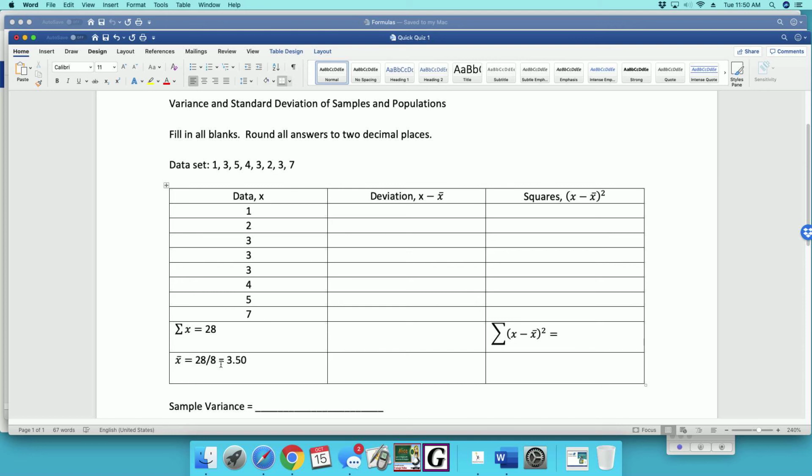All right, so now I have to figure out my deviations. So I'm going to do 1 minus my 3.50, which is negative 2.5. And this is 2 minus 3.5, which equals negative 1.5.